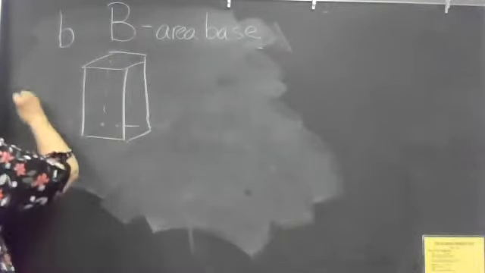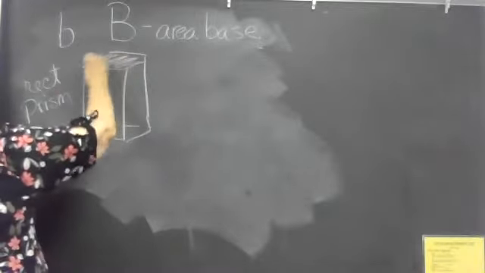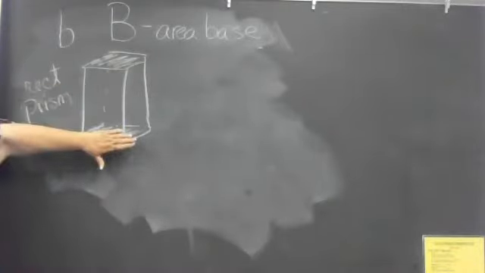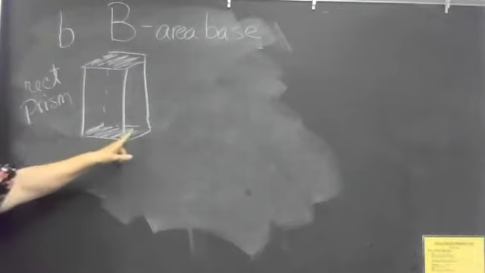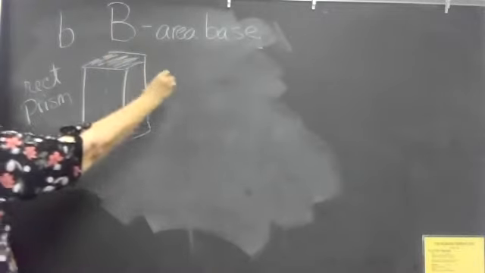Okay, the area of the base, this is called a rectangular prism, because the bases are parallel to each other, has two bases, that's why it's a prism, and the base shape is a rectangle, okay? So we have to find the volume now.